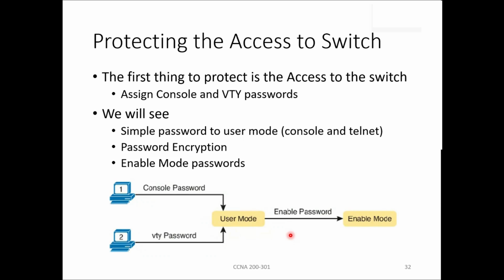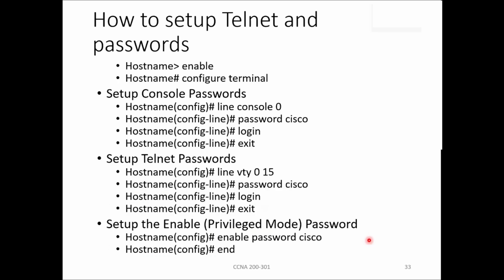So for remote login, we need to have secured connectivity. In order to have secured connectivity, we need an enable password. And how do we configure these passwords, the Telnet password or console password?